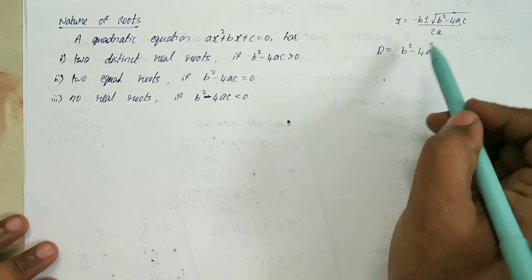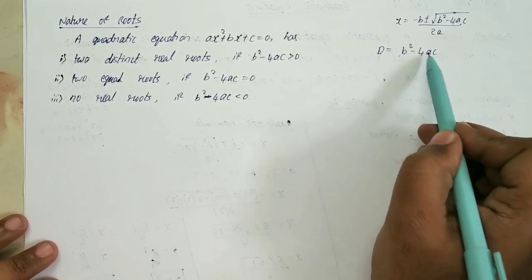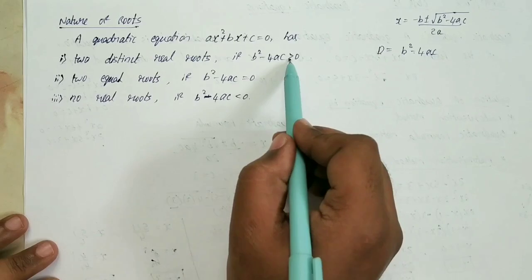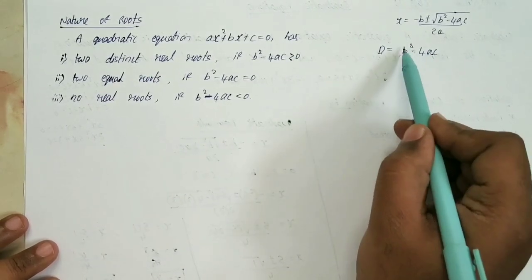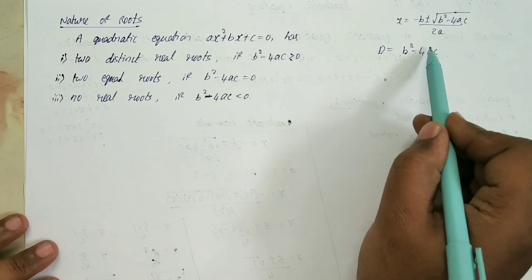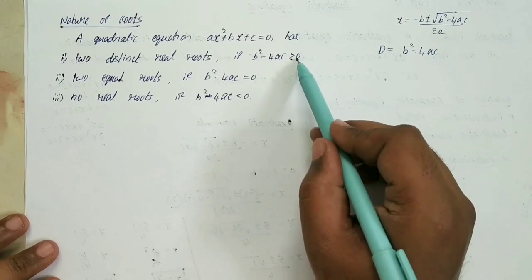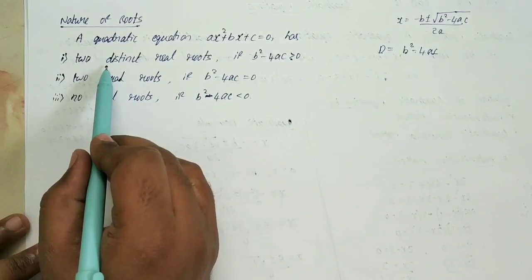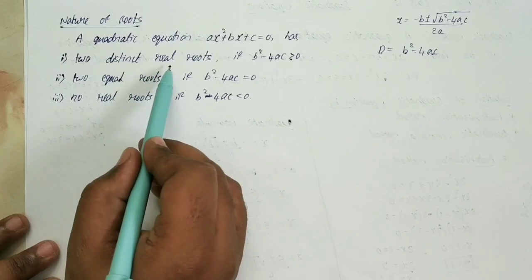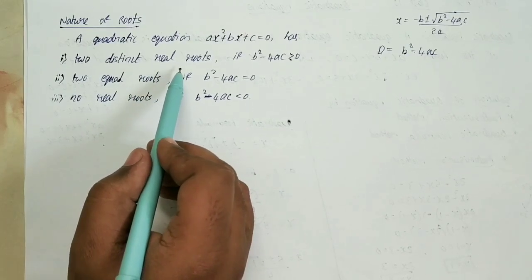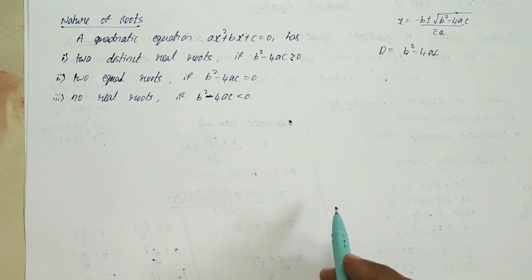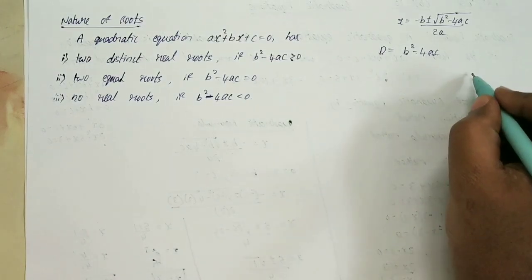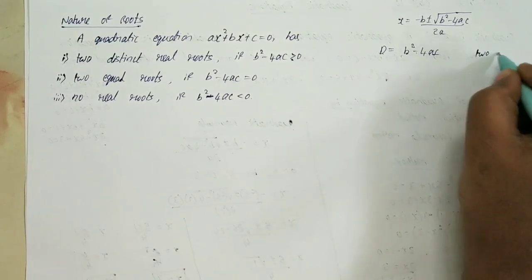So if this b square minus 4ac value is greater than 0, that is, if we substitute the values of b, a and c for the discriminant and the value is greater than 0, then we will get two distinct real roots. Here roots means the value of x. For any quadratic equation, if we solve it, we will get two x values, right?